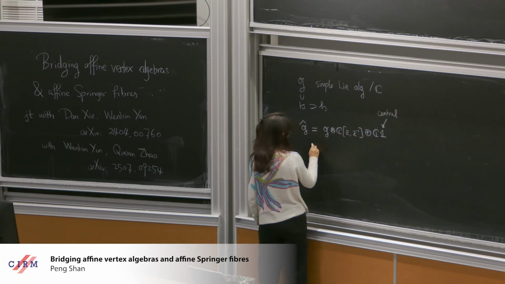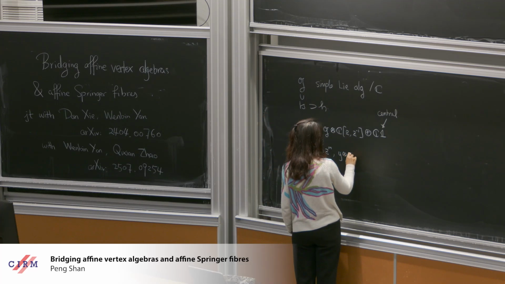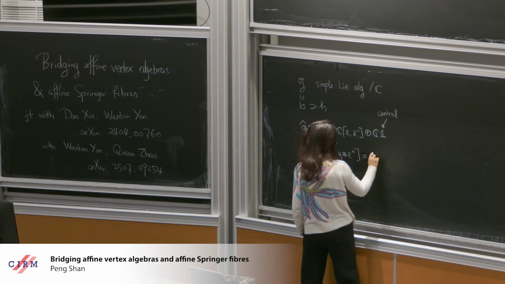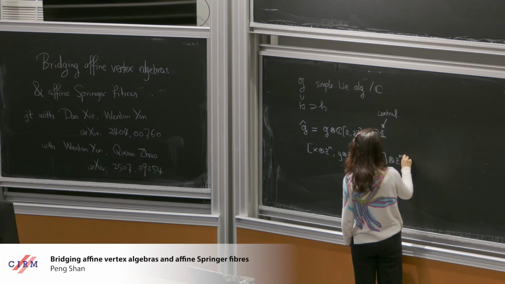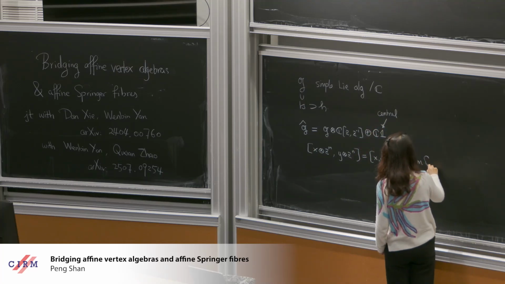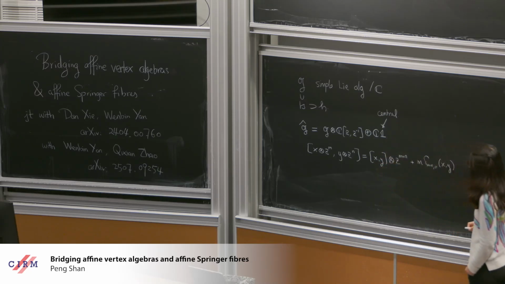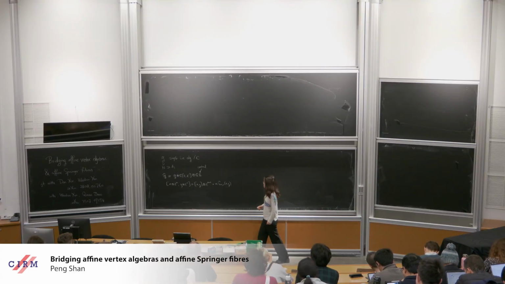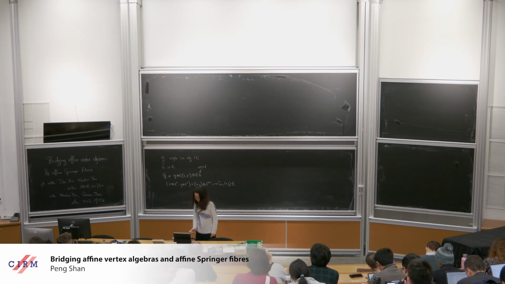Then the bracket is given by: [x tensor z^m, y tensor z^n] is equal to the bracket on the Lie algebra times z^(m+n), plus m times delta_(m+n,0) times a certain pairing of x and y on g, which is just the Killing form divided by twice the dual Coxeter number, times the identity element.